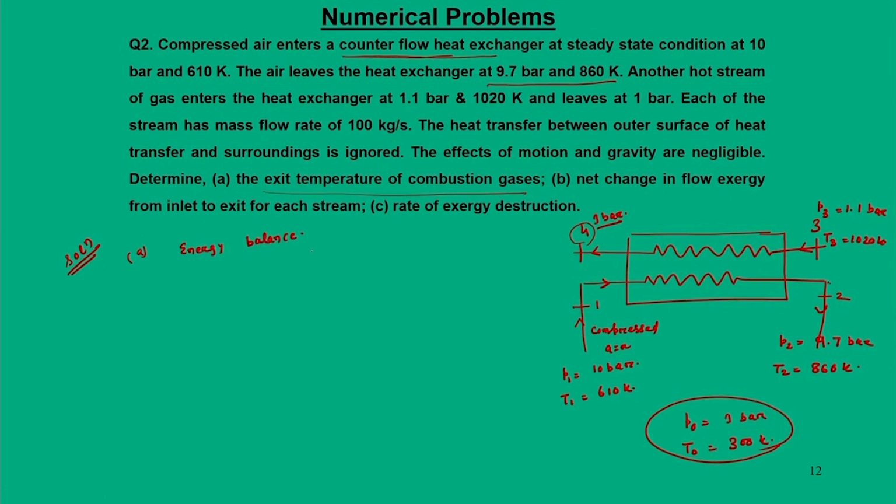Since it is a very simple system, we can write m dot (H2 minus H1) is equal to m dot (H3 minus H4), and since it is compressed air, H can be represented as Cp times T. Now, by taking Cp as 1.005 kilojoule per kg Kelvin, m dot will get cancelled and we can find out T4 as 770 Kelvin.